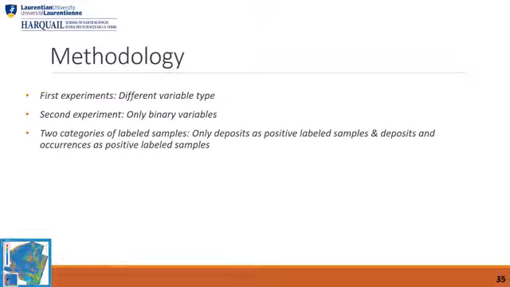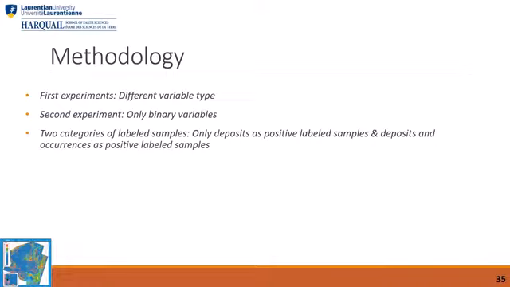In both experiments, we have used 2 categories of labeled samples. We know for sure that we have some mineral deposits and some mineral occurrences in our study area. Mineral deposits are those ore bodies that have measured tonnage and grade, but for a majority of occurrences, these measurements are not really available.